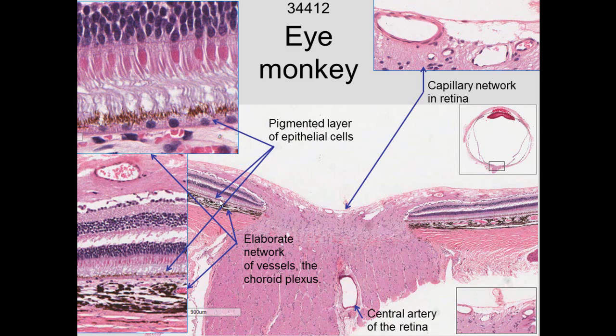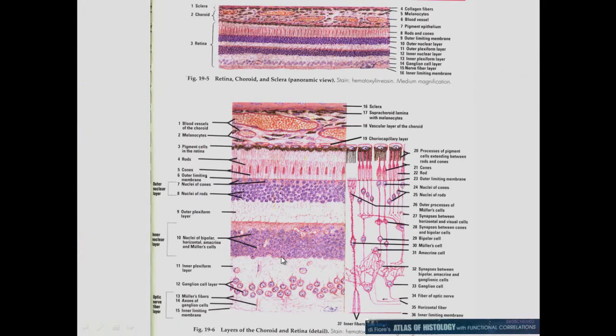Pigmented epithelial cells, you can see them right in through there. More high magnification, this is one cell, there's a nucleus, there's another. You can see the pigmented layers that you see there, the cones and the rods, and the nuclei of the photoreceptor cells and the pigmented cells, and this is a choroid. The choroid is right in through there, elaborate blood vessels of the choroid plexus that is in there, as we can see.